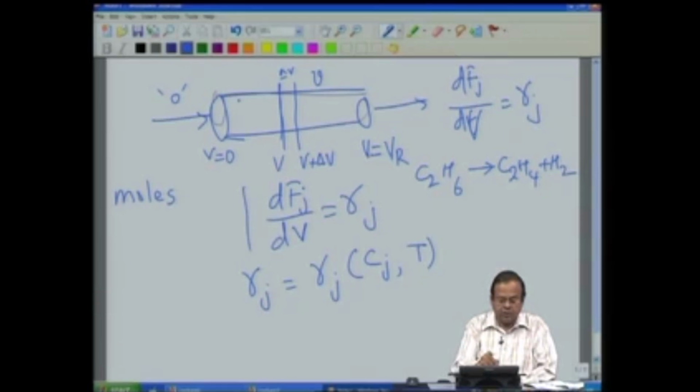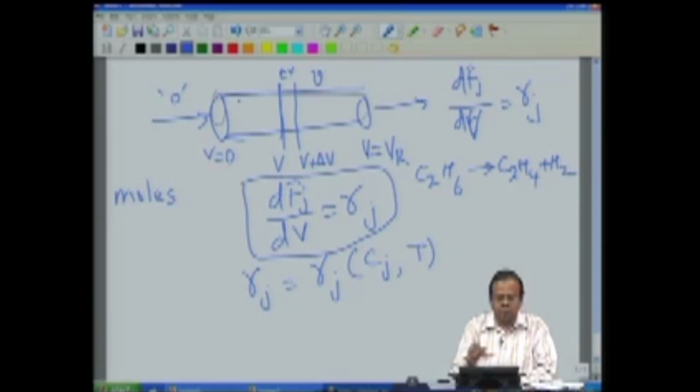This mass balance equation does not have concentration in it. Remember, the mass balance is on mass, that is on moles. So, how do we now relate these two? We know by our definition Fj by volumetric flow rate is our concentration Cj.